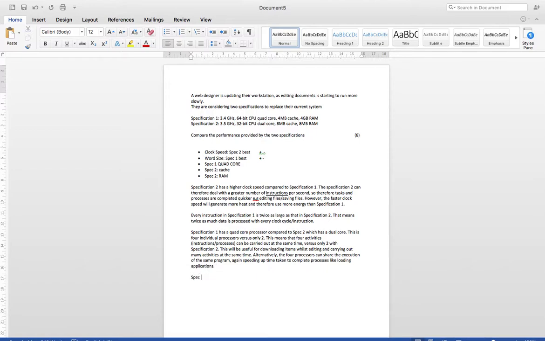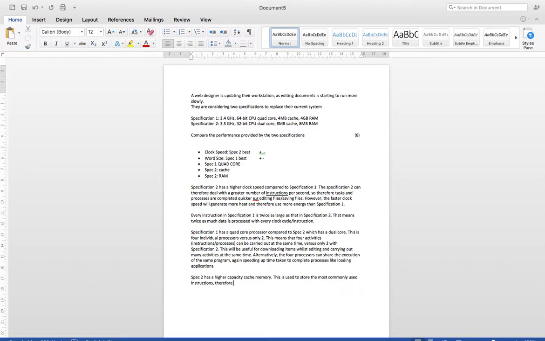So spec 2 has higher capacity cache memory. This is used to store the most commonly used instructions.